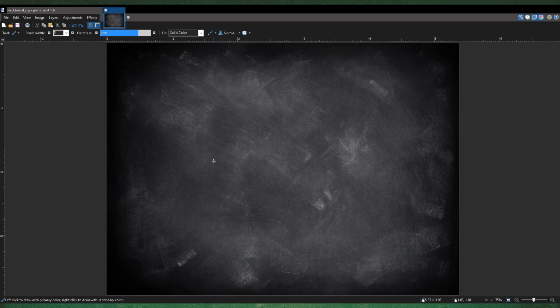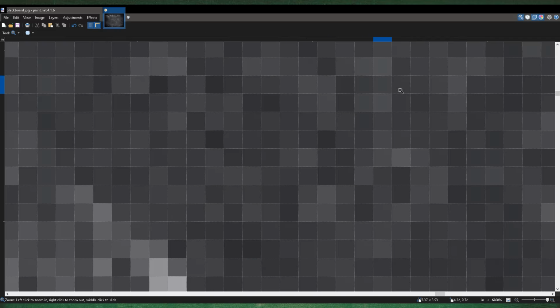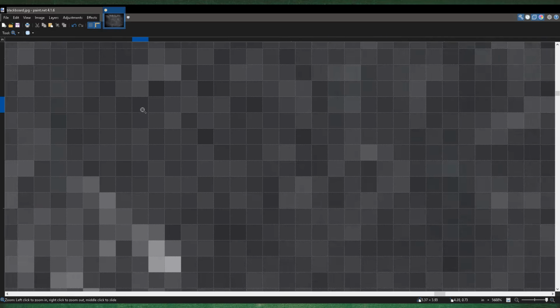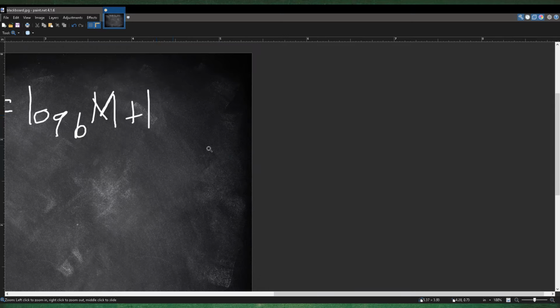So those are the log rules that you want to memorize. You might only want to memorize just log b of m times n is equal to log b of m plus log, sorry, zoomed in too much.